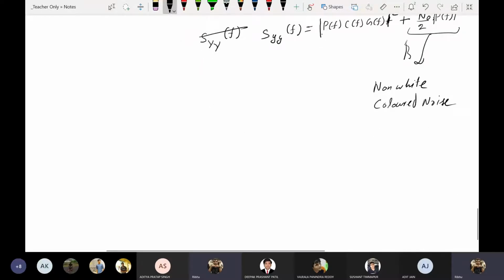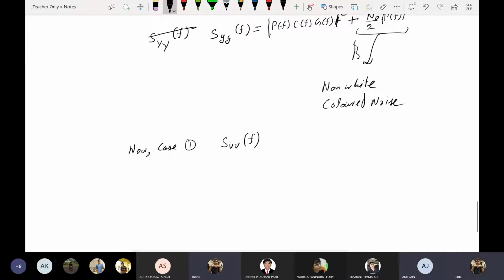Now case 1. Sir, won't there be another term containing both the terms, 2 into PFCF, GF, when we take the modulus square of the entire RYY?